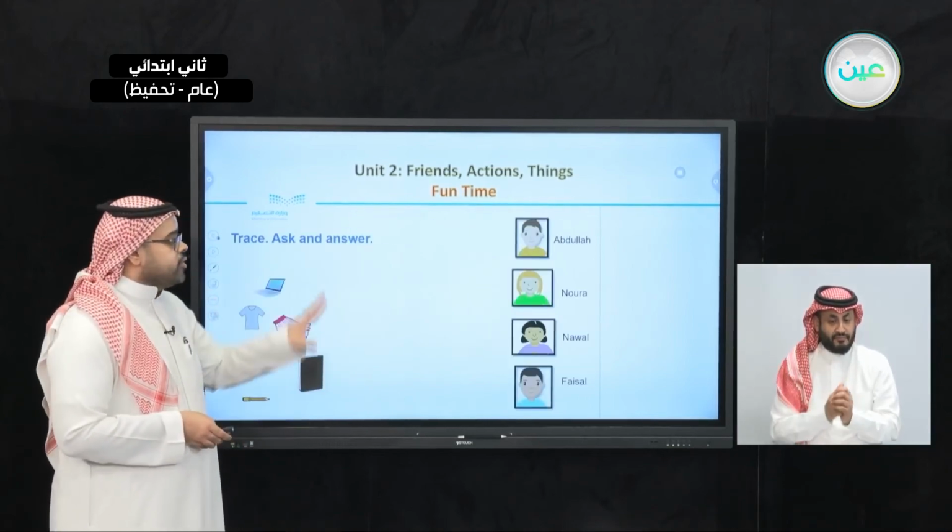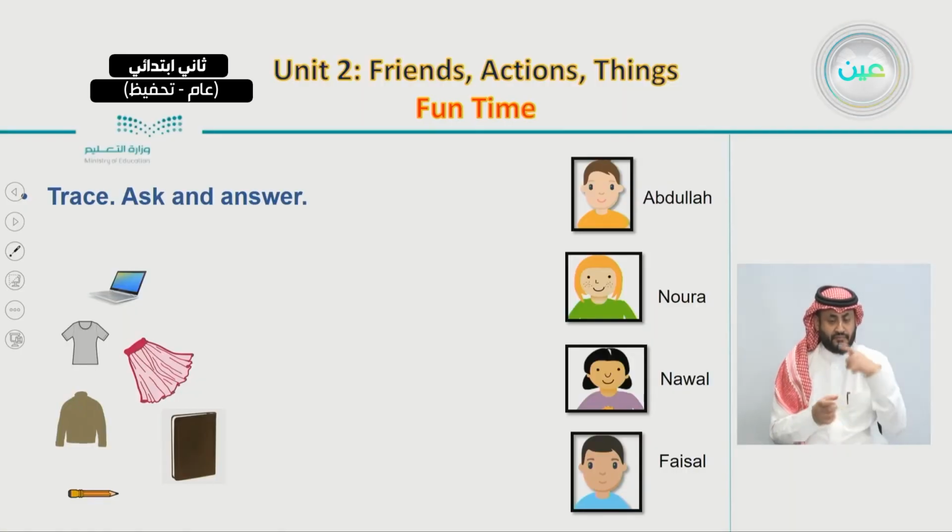Let's have a look at these four people: Abdullah, Noura, Nawal, and Faisal. And here we have different items. If you want to ask whose each of these items is, we can choose one person from here.